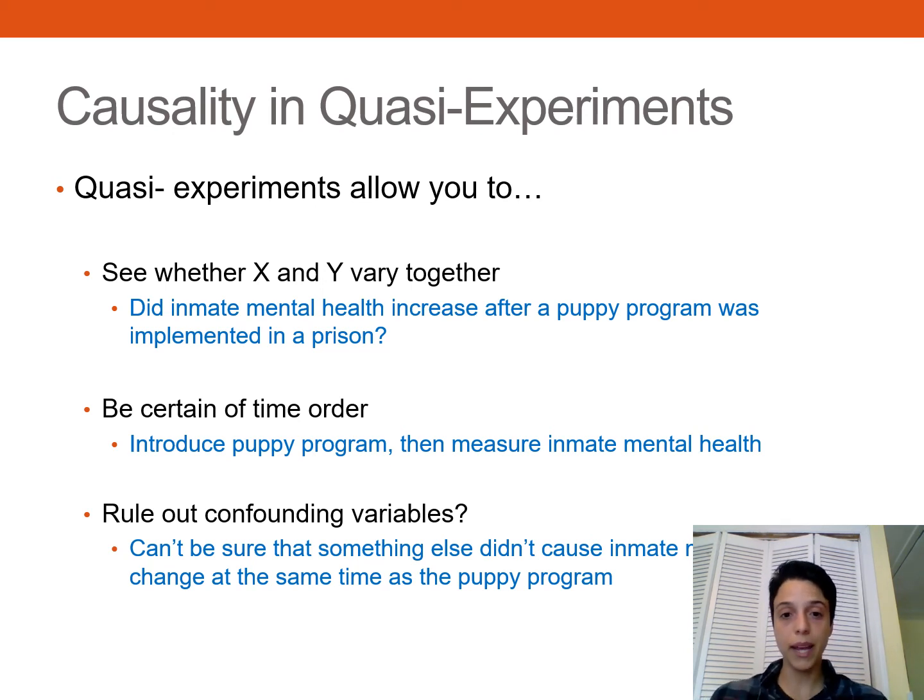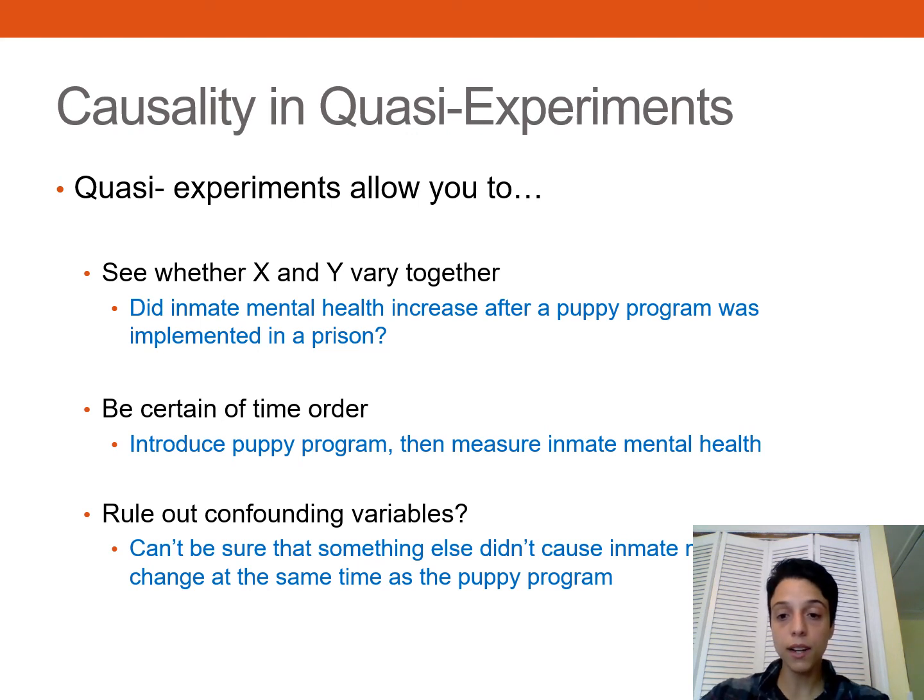Maybe the prison got new management who decided to implement the puppy program, as well as a bunch of other things to help people and improve their mental health. And if that's the case, you can't really be sure that it was the puppy program as opposed to other counseling programs or whatever other things were implemented that caused the improvement in mental health. So you can see a change, you can be sure of the time order, but with a quasi-experiment, you can't rule out different confounding variables.